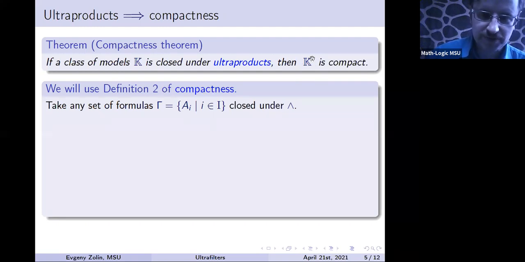We want to obtain that K is a compact class. So let us go by definition 2, where we have sets closed under conjunction. So we need to verify definition 2. So take any set of formulas closed under conjunction. They are indexed by some set I.